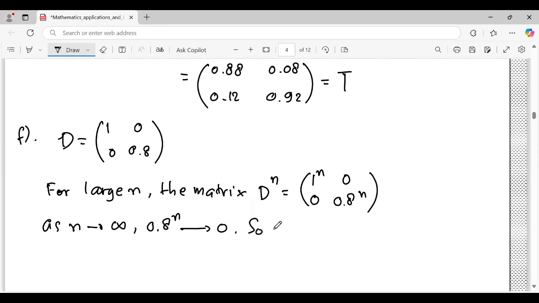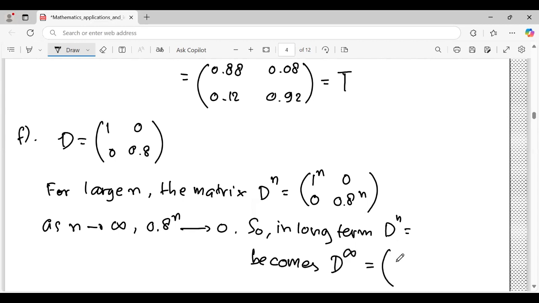So in the long term, matrix D power N becomes matrix D power infinity. It is 1, 0, 0, 0.